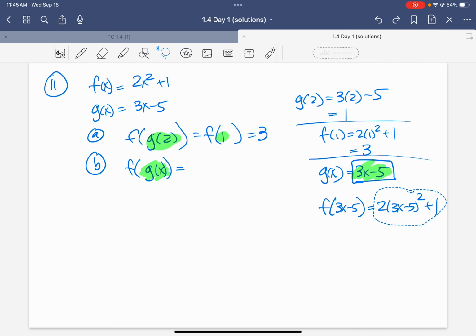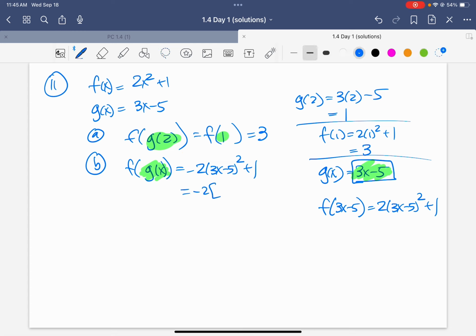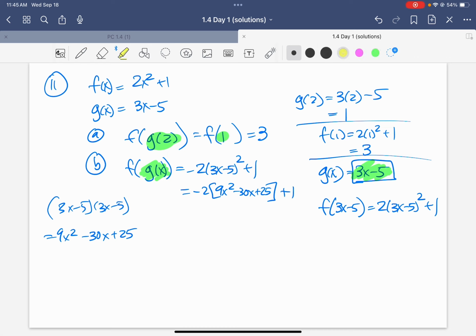So that means this is what f of 3x minus 5 is going to be. It's just going to look like that. I think you can make that look nicer by expanding what got squared, multiplying this by itself. 3x minus 5 times 3x minus 5. You're going to get 9x squared minus 30x plus 25. Don't forget about your plus 1.